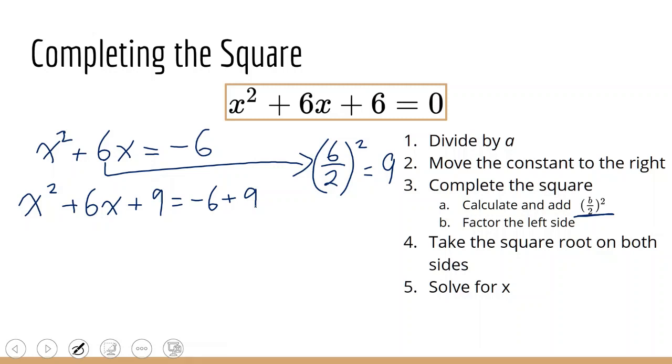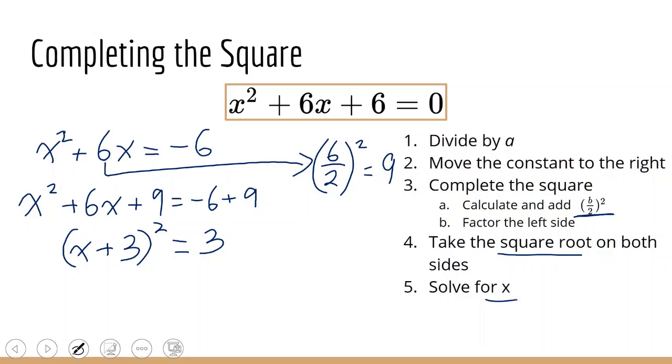Now I can see, by the way that we chose this, we can rewrite the left-hand side as x plus 3 squared. And I'm just going to simplify the right-hand side to be 3. Now I can go ahead and solve for x by square rooting both sides and then solving the rest.